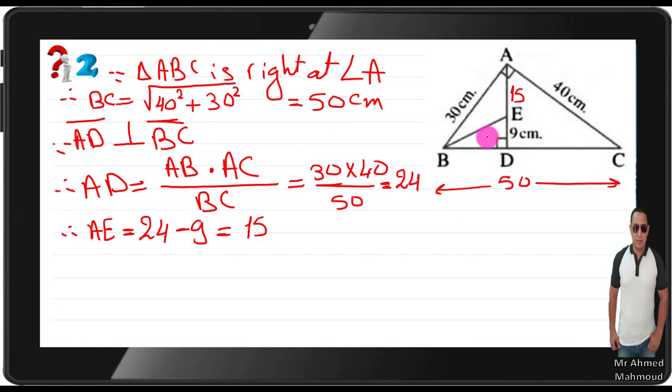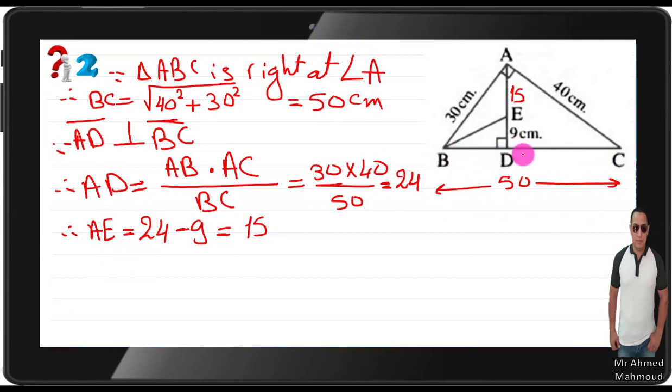Now I just want BD. I can find BD in two different ways: by using Pythagoras in triangle ABD, or by using Euclidean, BD equals 30 to the power of 2 over 50, because AB squared equals BD times BC.